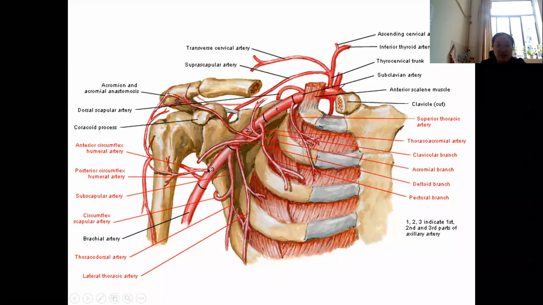The other two branches are the anterior circumflex artery of the humerus and the posterior circumflex artery of the humerus. Okay, so this is the third segment. Here indicates the margin of the teres major. Below will be the brachial artery.